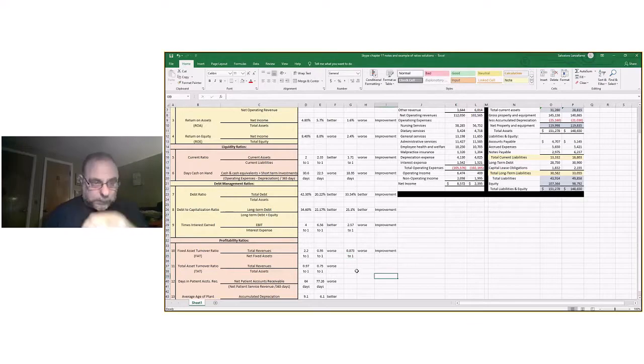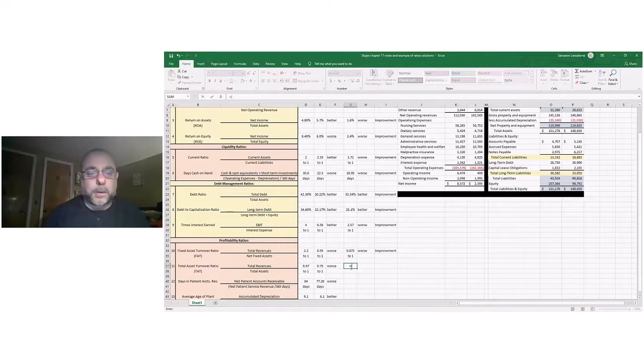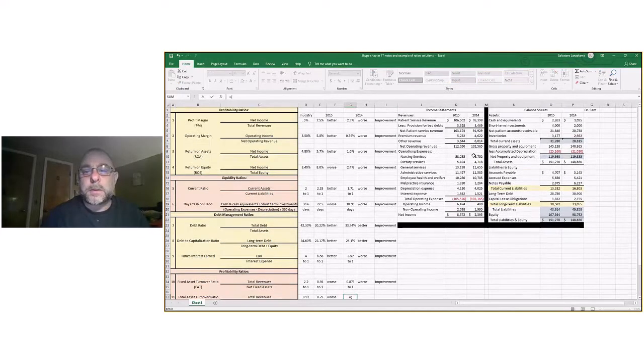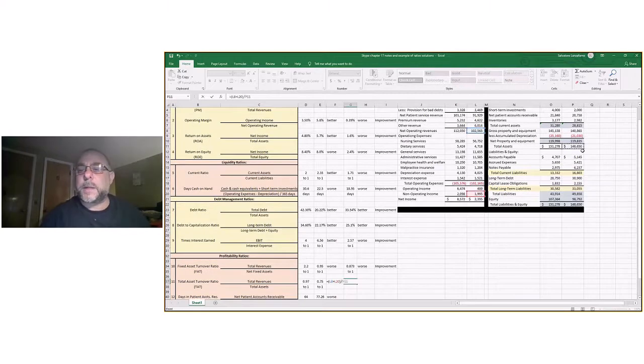In terms of the total asset turnover, again, we're going to take our total revenues, so 102,565 plus this extra one down here, and now we're going to divide that by total assets, which is 148,650, and I get about 0.703 to 1. So about 70%, actually less than 1 to 1.